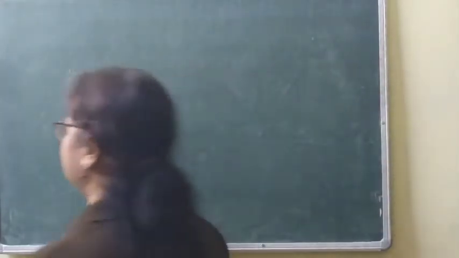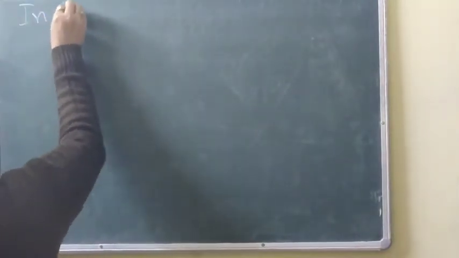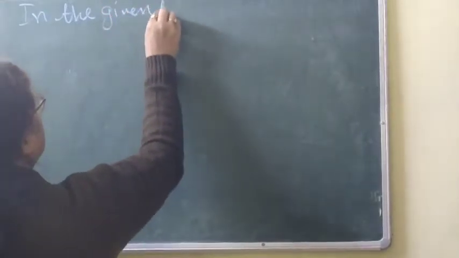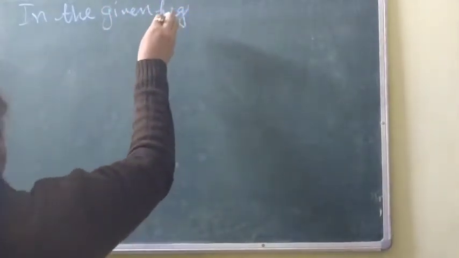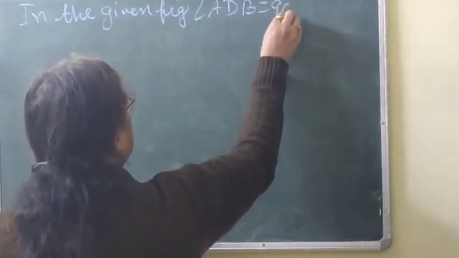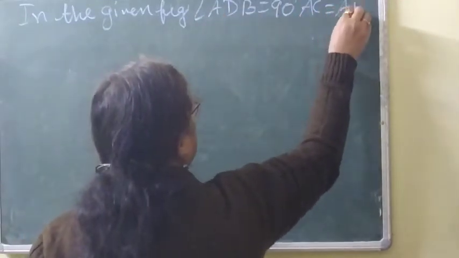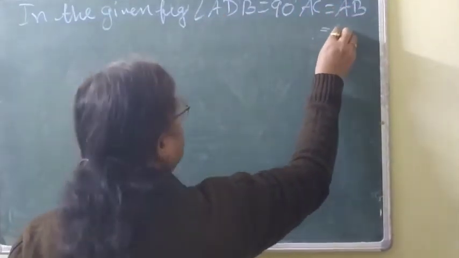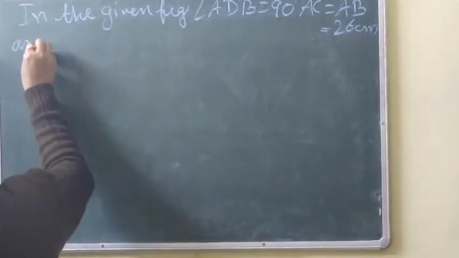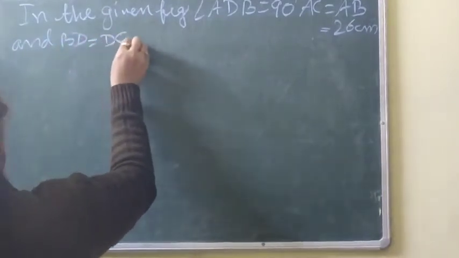So the first question is, in the given figure, angle ADB is equal to 90 degree. AC is equal to AB is equal to 26 centimeter and BD is equal to DC.